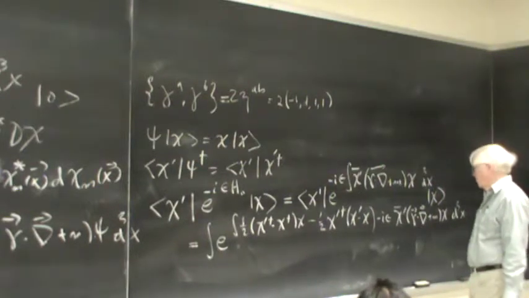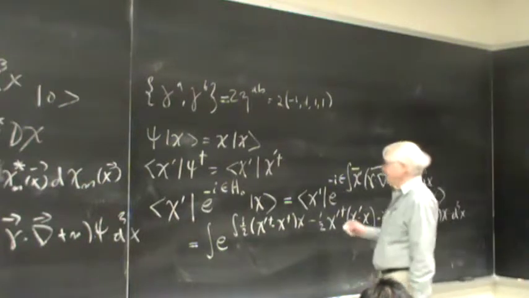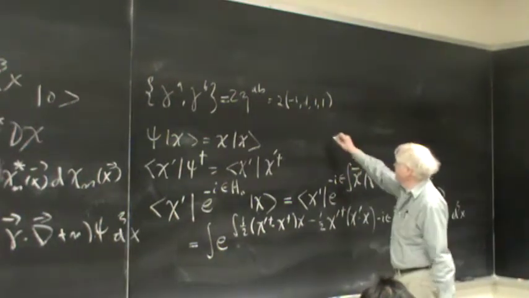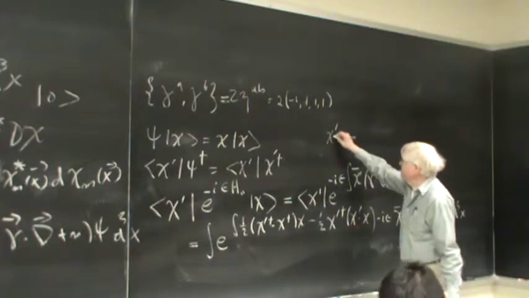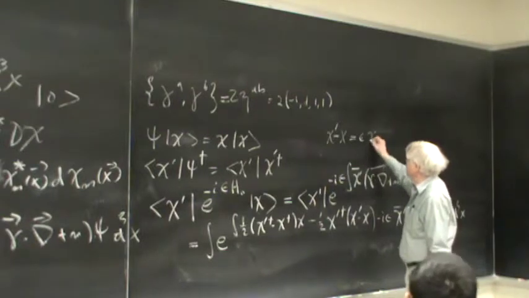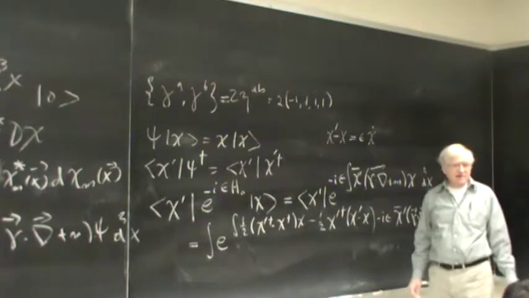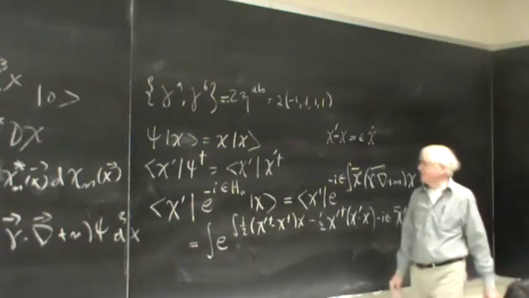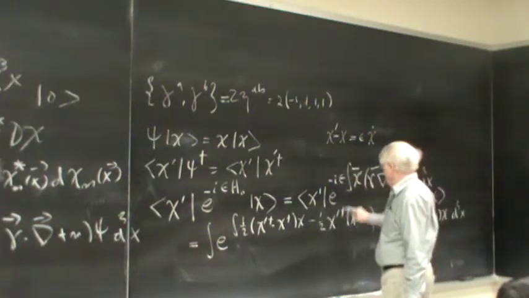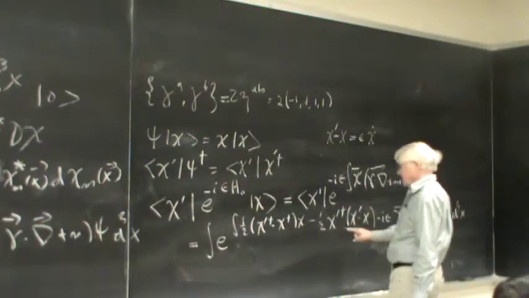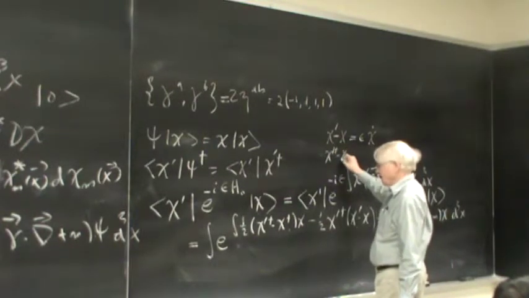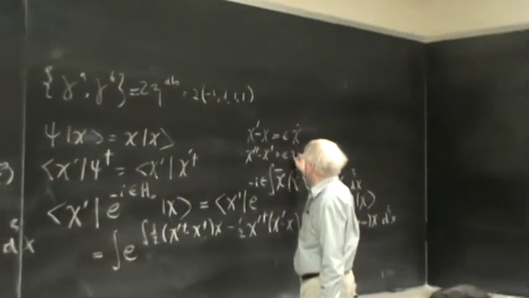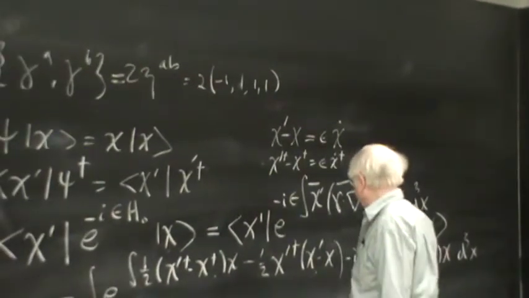And now we're going to do this trick where we say, over here, chi prime minus chi is going to be, and we're going to call that epsilon chi dot. Okay, this is what we did with the path integrals earlier. And similarly, over here, chi prime dagger minus chi dagger is going to be epsilon chi dagger dot.